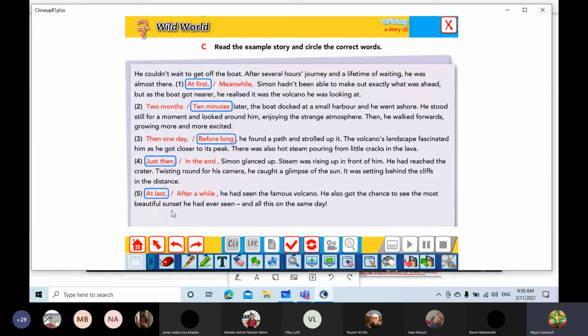What is the meaning of sunset? Yes, thank you. And what is the opposite of sunset? Sunrise. Thank you, dears. Yes, that's 100% correct. He had ever seen, and all this on the same day. So he got to see all this stuff, and he took pictures and he traveled with his boat, all that in one day.